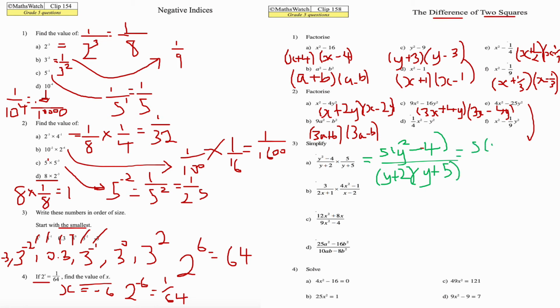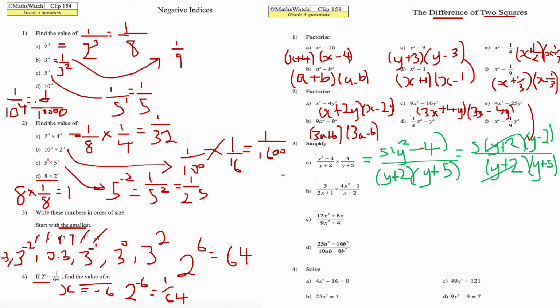So it's 5 lots of y plus 2, y minus 2, divided by y plus 2 and y plus 5. Okay, I can now start cancelling the y plus 2's together.